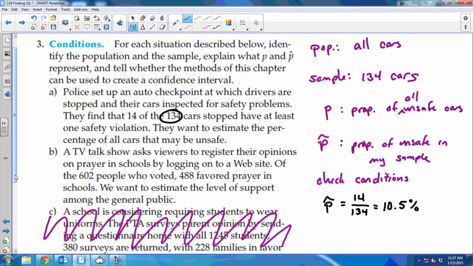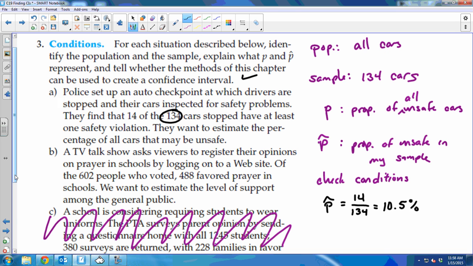Since I've checked all the conditions, it just says, tell whether you can do a confidence interval or not. So yes, I just said, and I quote, a 1 proportion Z interval could be used for the proportion of cars with safety issues. You can use one. It doesn't ask you to find one, just you could use one. Could you find one? Sure. But you don't have to. Does that make sense on part A?